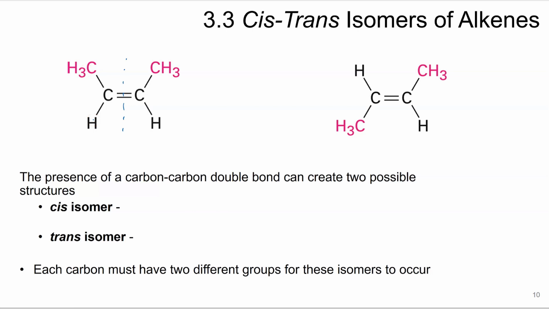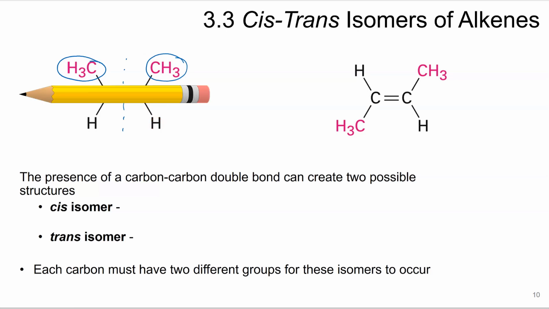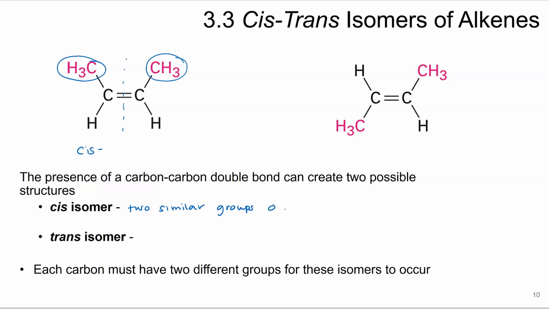Hydrogen is 1. So this is the larger group. On this carbon here, the carbon again has the larger group versus hydrogen. And then if I lay a pencil over the top of the double bond on your paper, you can see that both of the circled groups are on the same side. This makes it a cis isomer. So this is two similar groups on the same side of the double bond.